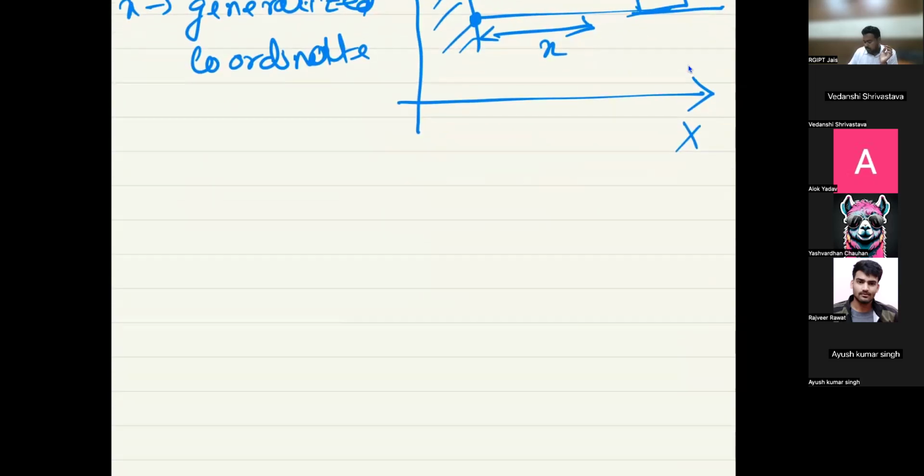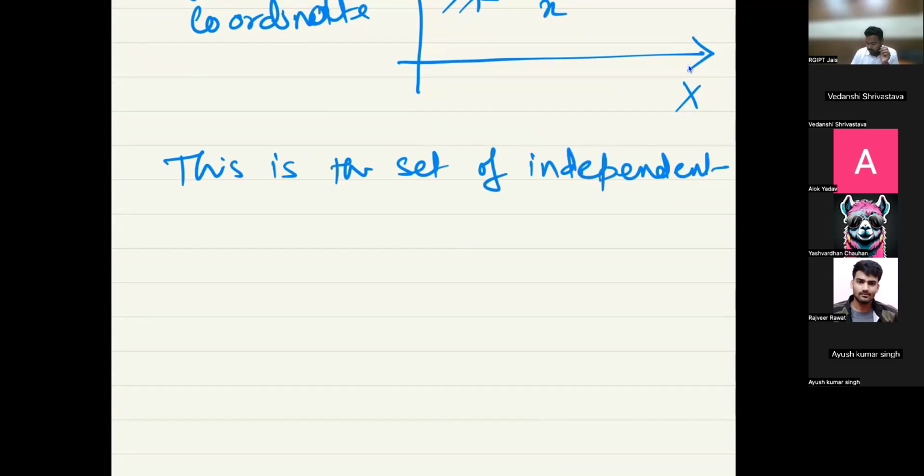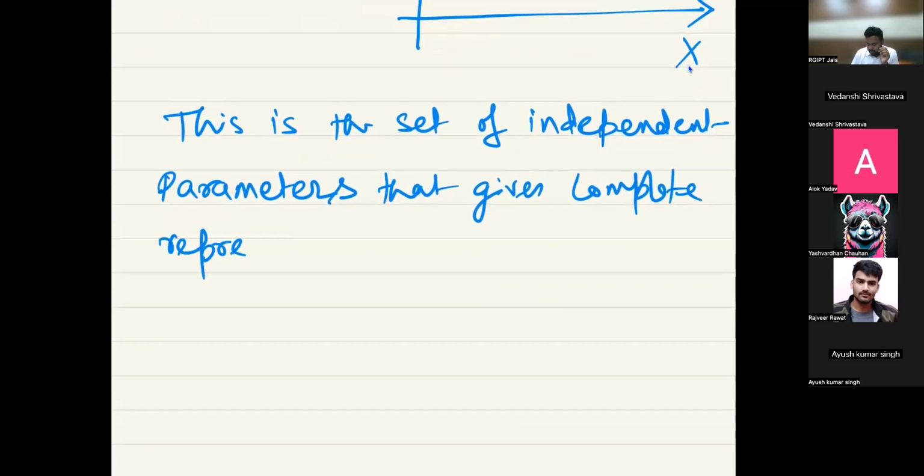In terms of definition, generalized coordinates are the set of independent parameters that give a complete description, a complete representation, of the system.